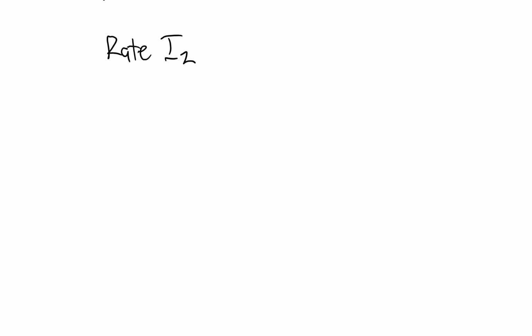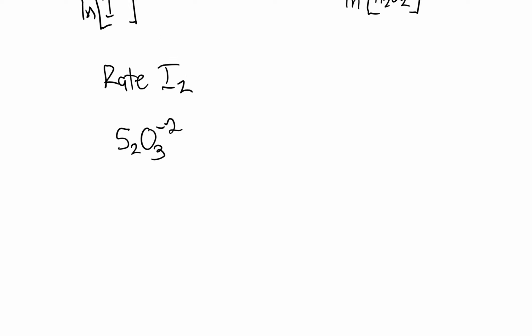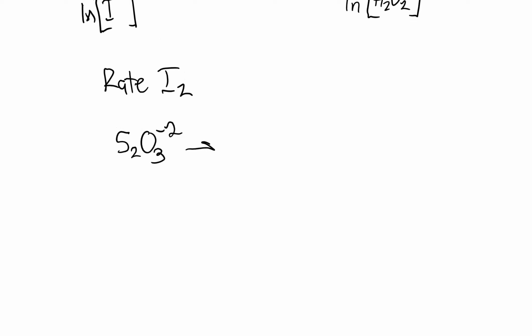Now I'm going to tell you right now that the I2 production is based entirely on the S2O3, and I believe it's a 2- ion here. So you have to use stoichiometry to change S2O3 to I2 molarity. And then you will divide that by the time of the reaction, and that will give you the rate.